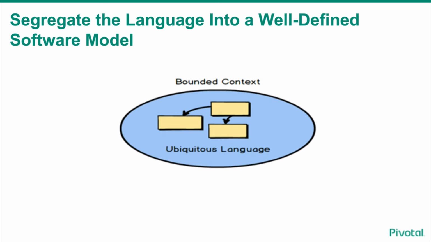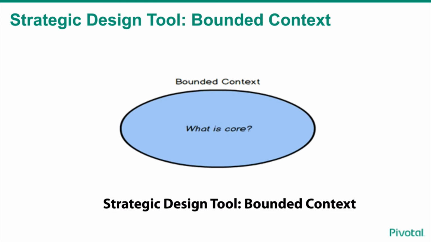We also expect that anything outside this boundary does not have to adhere to the ubiquitous language definitions that we've established as a team. That's because they are not in this context. They're not within the bounded context. So the bounded context forces us to examine what is core, what belongs in this ubiquitous language, what is part of the language, what is within context, and what is not in context.